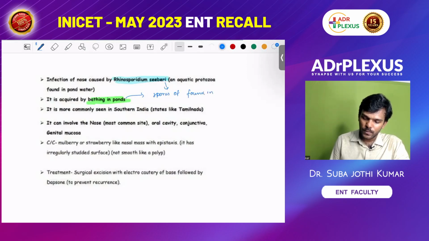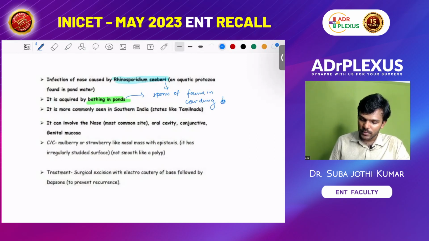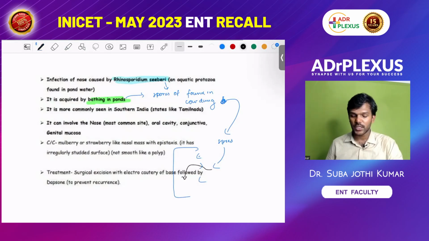are found in cow dung. In ponds, the farmers will be bathing the cows, our young kids will be playing, and women will be washing clothes. So the cow dung released by the cow carries the spores, and those spores will enter the nose of our patient.